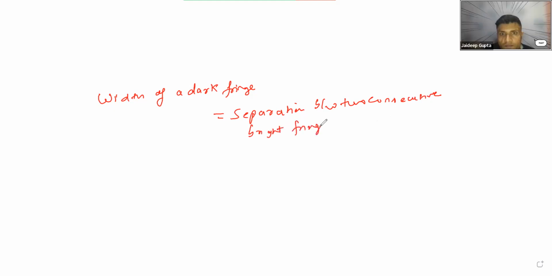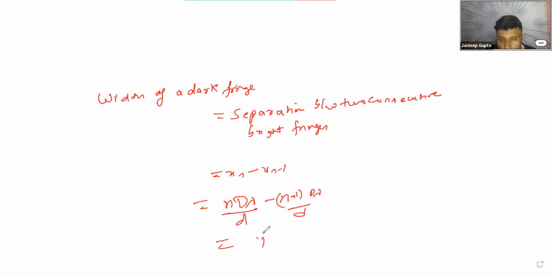Note down. Now this is the width of the dark fringe.